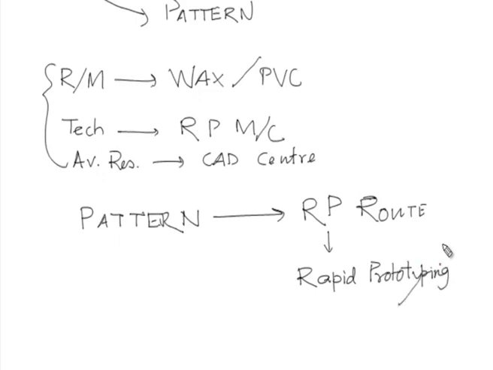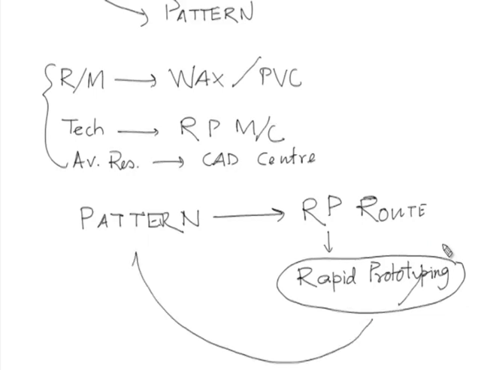Now, this is also one method or process, that is a manufacturing process, and the output of this is nothing but a pattern which will be used for the same casting process.